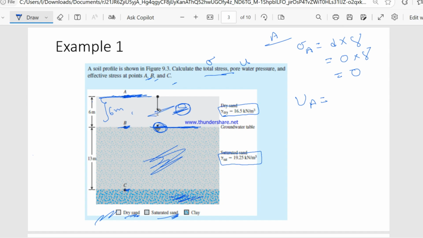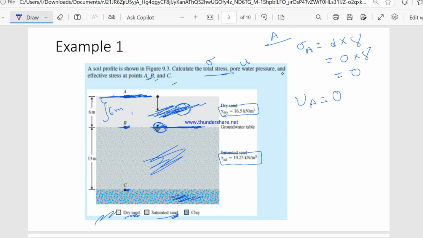This zone is above the groundwater level, and this is at the groundwater table. We know that above the groundwater level, or at the groundwater level, the pore water pressure is 0. So point A is located above the groundwater table, so the pore water pressure will be 0.